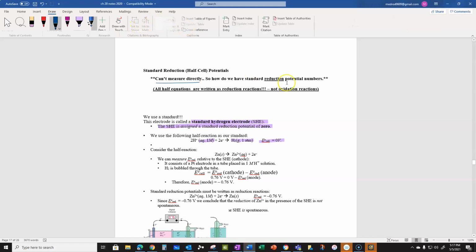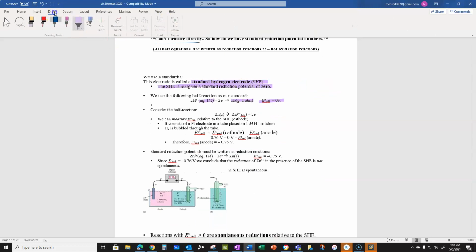So if they knew that this E reduction value for hydrogen has a voltage of 0, and they were trying to figure out the other electrode, well, they knew a number minus 0 has to be that number. That's how they figured out all these values. They kept doing reactions against hydrogen because they created hydrogen as the standard.